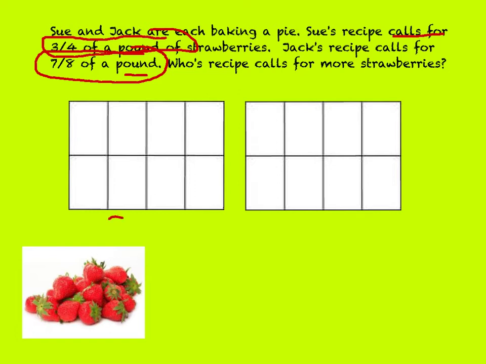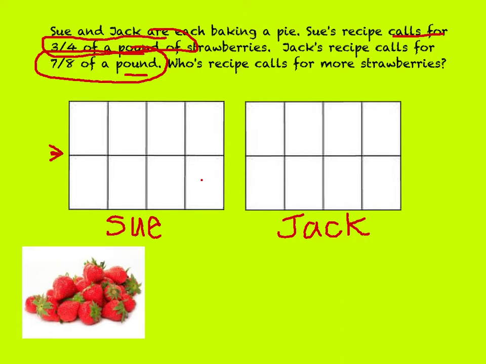We're going to have this one be Sue, and this will be Jack, and these are our fraction models that we're going to use. All right, well, Sue, hers are broken down into fourths, but this rectangle has 8 parts. 1, 2, 3, 4, 5, 6, 7, 8. I'm going to pretend like this center line is not here.